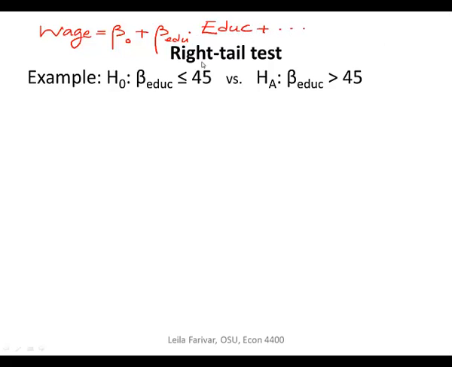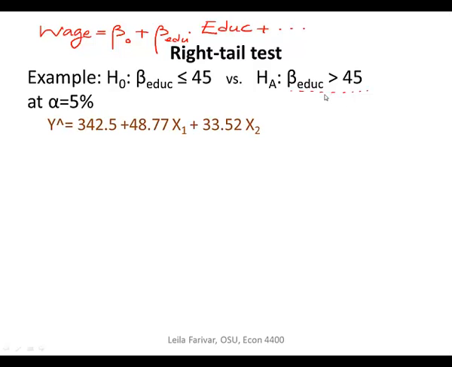Now we are testing to see if the effect of education on wage is larger than 45 or smaller or equal to 45. This is a right tail test because our alternative is giving values to the right side of 45. Let's do the test at a 5% significance level.